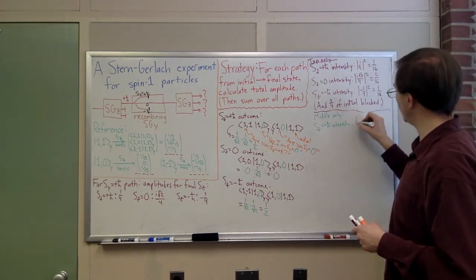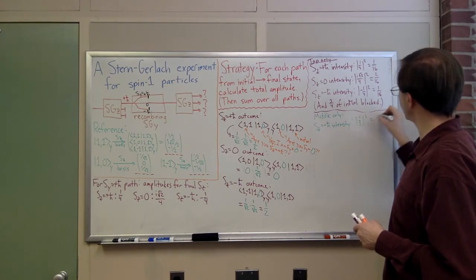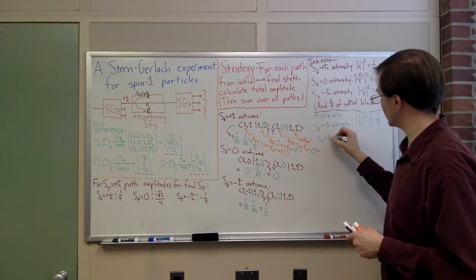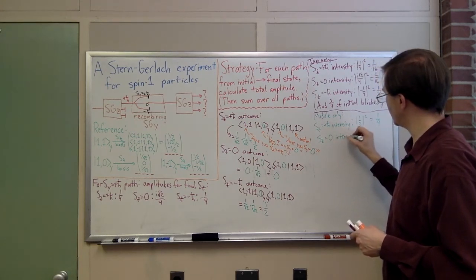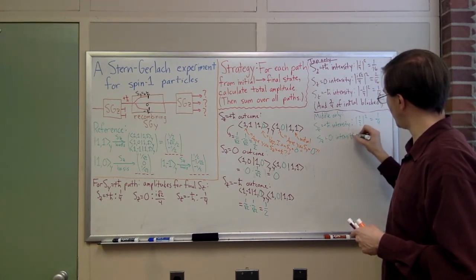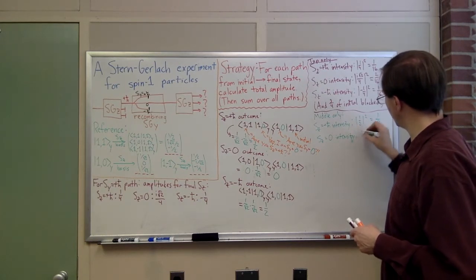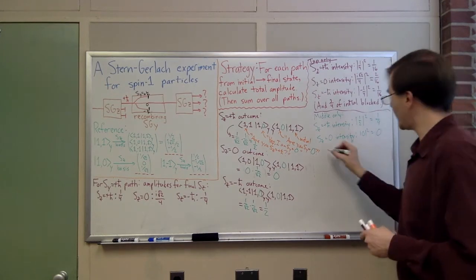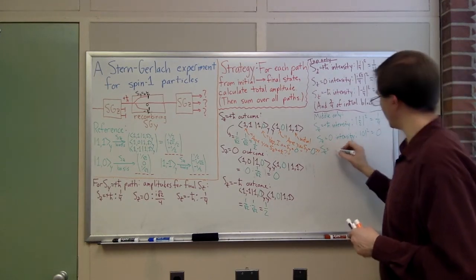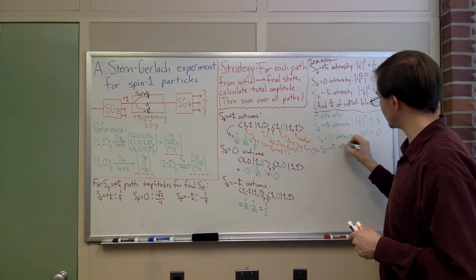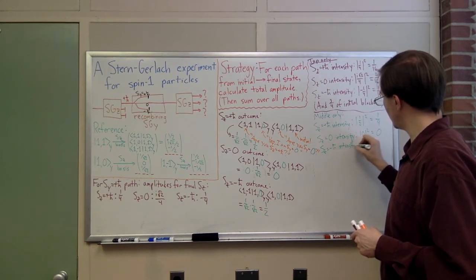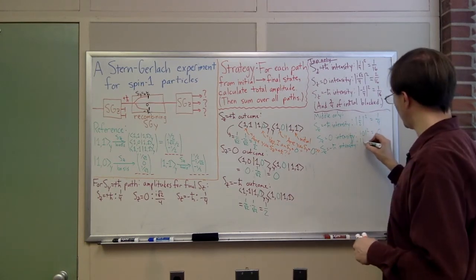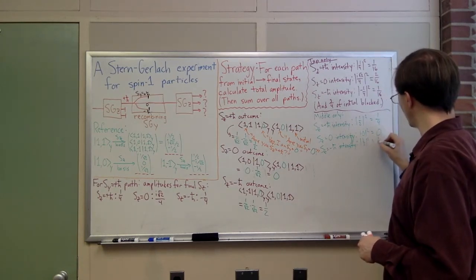It's going to be the absolute square of 1/2, which is 1/4. The Sz equals 0 intensity, I can really write intensity honestly, that's 0 squared, which is just 0, and the Sz equals minus h bar intensity is that 1/2 again, squared, which is 1/4.